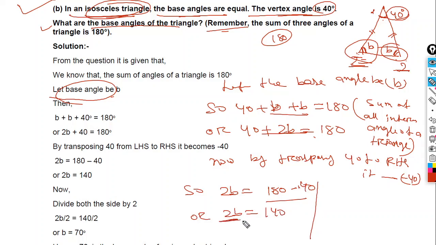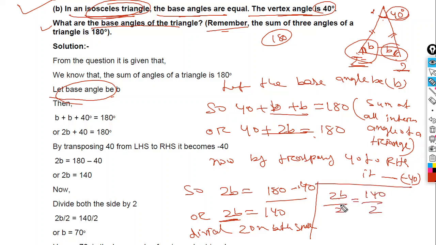Now divide 2 on both sides. 2B by 2 equals 140 by 2. Now 2 cancels, and B equals 140 by 2, which is 70 degrees. So one of the base angles is 70 degrees, and the other will also be 70 degrees. Now you can see 70 plus 70 plus 40 is equal to 180 degrees. Hence solved.